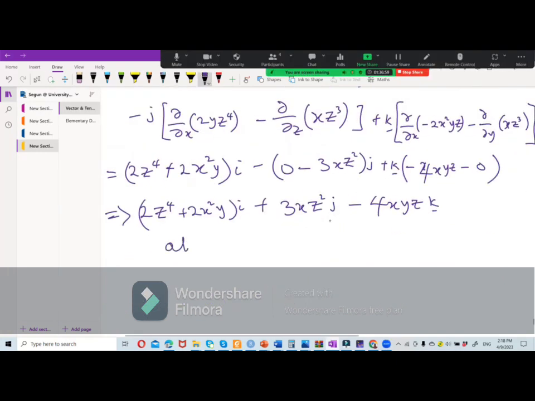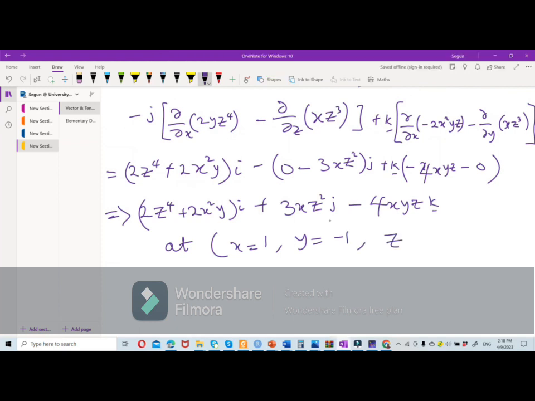So at x equals 1, y equals minus 1, z equals 1, substitute it here.